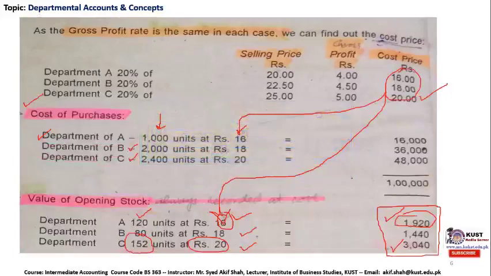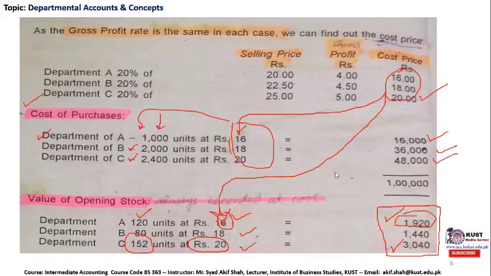After multiplying the unit cost with the number of units purchased, we get the purchase value. For Department A it's 16,000, for Department B it's 36,000, and for Department C it is 48,000.